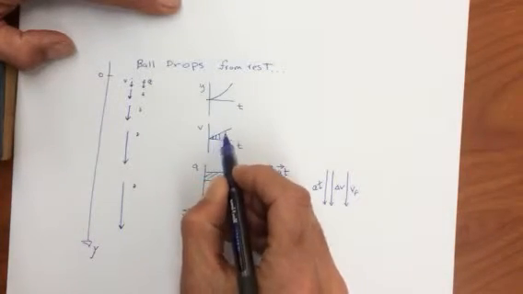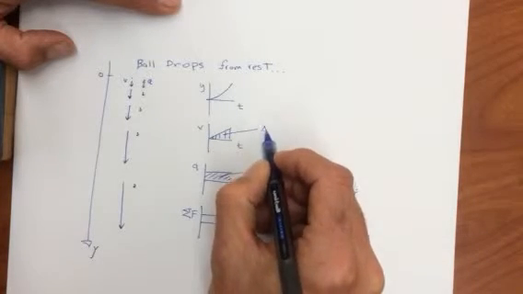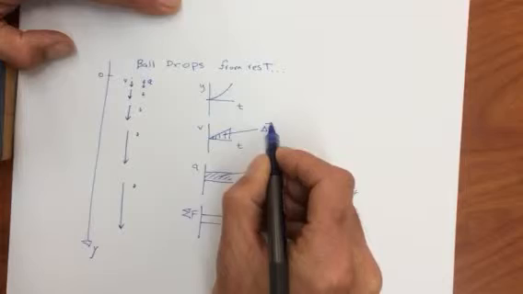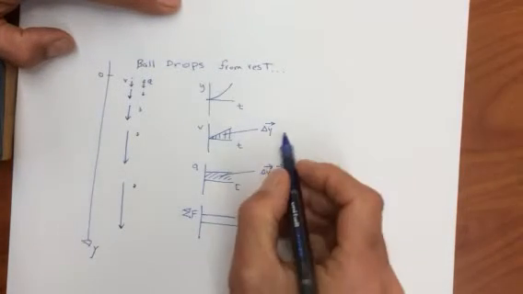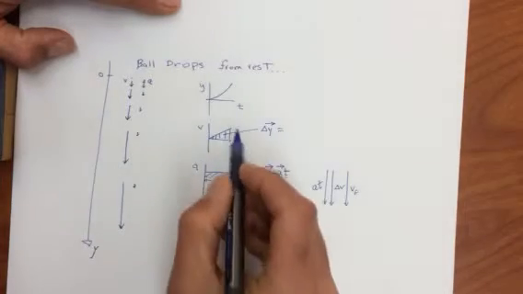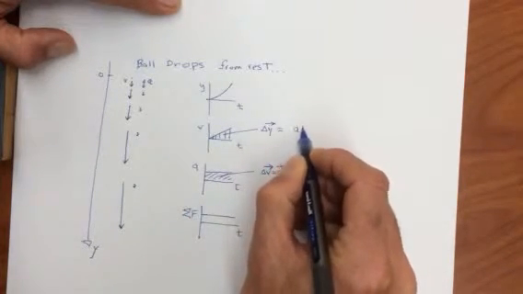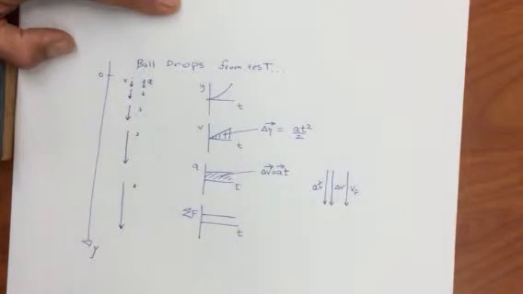Now I can highlight this area and realize hopefully that that's my displacement in the y direction. And displacement, as you know, is a vector, right? And that's got to be equal to, the height of that triangle has to be AT. So what I'm talking about is AT squared over 2, right?